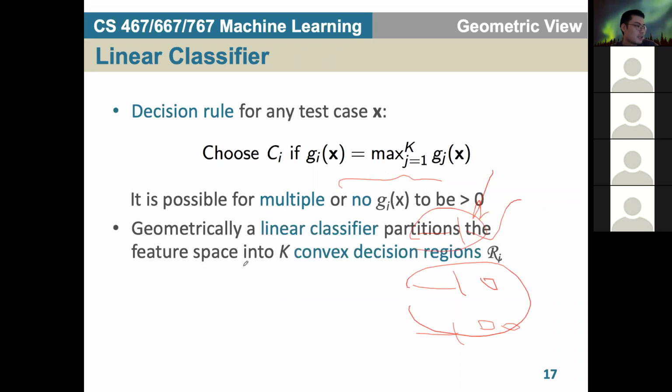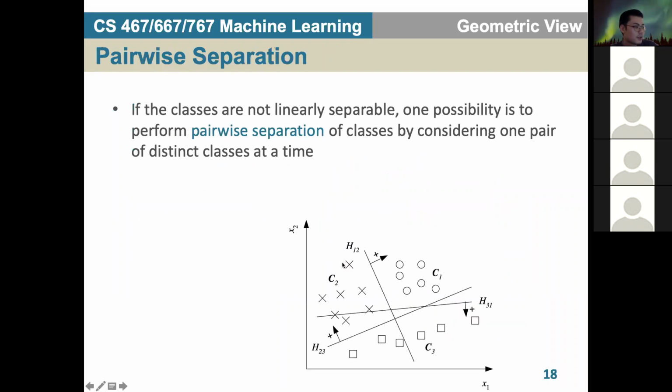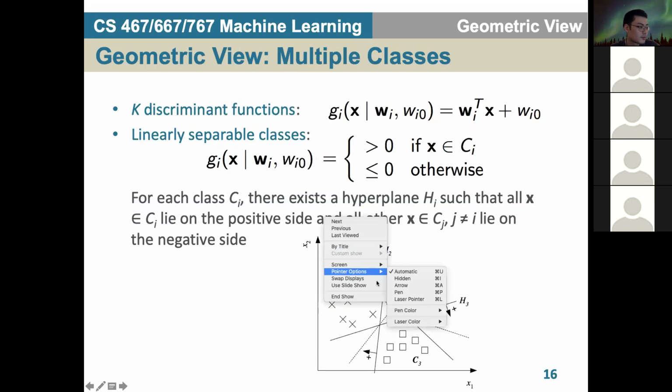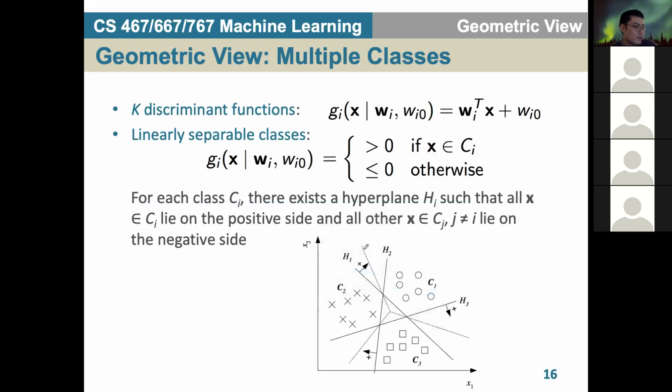Geometrically, a linear classifier partitions a feature space into convex decision regions. Here's what we mean. If you look at this hyperplane, what is C2's decision region? A convex region is related to the convex function.